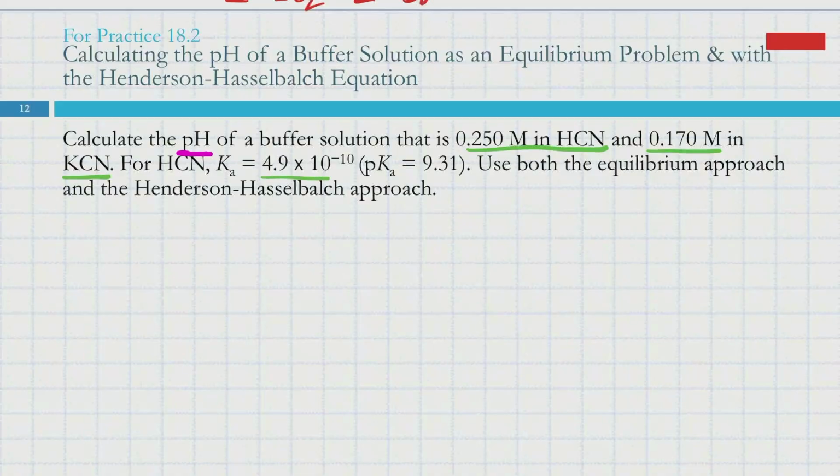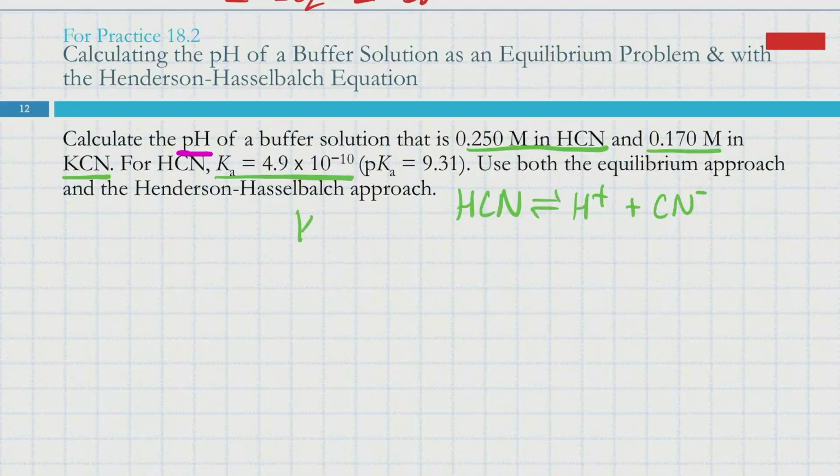Our Ka is given to us. So our system is going to be HCN in equilibrium with H plus and CN minus for the stuff we care about.